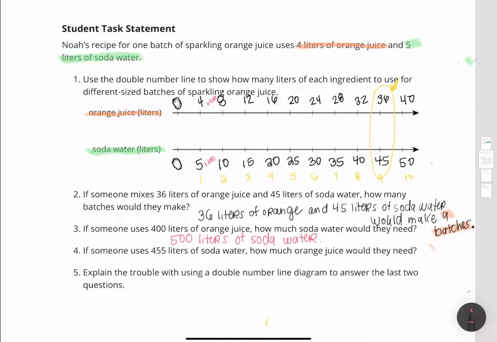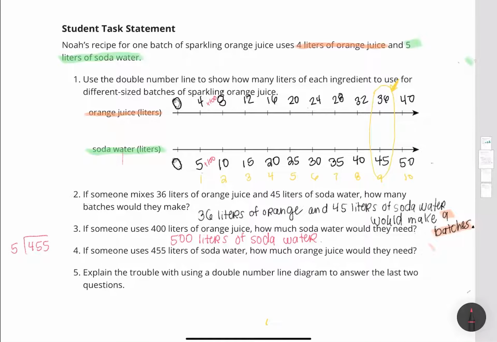So then the next one, it gets kind of tricky. If someone uses 455 liters of soda water, how much orange juice would they need? Now, if you don't know what times 5 could equal 455, you can always divide. So I'm going to divide by 5 to figure out what was multiplied times 5 to get to 455.